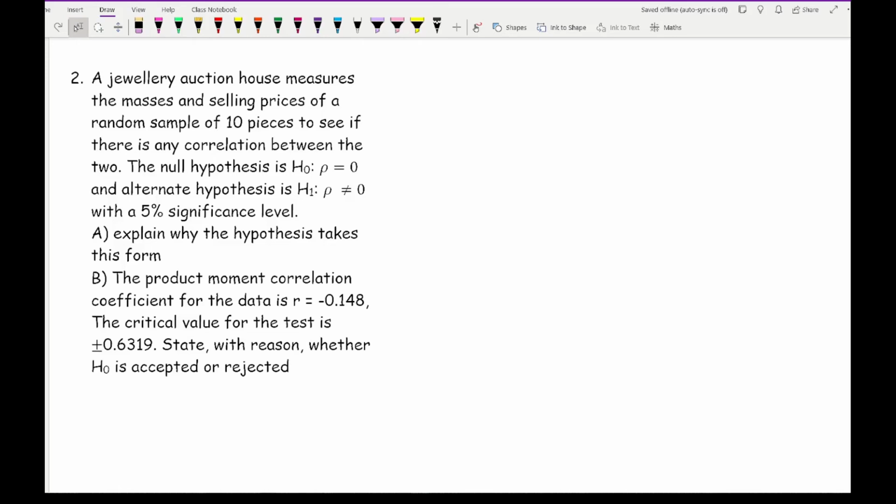So again, let's have a look at the first step. First of all, let's answer part A. Let me just split this page up in terms of what A is talking about. We need to explain why the hypothesis takes this form, where rho is equal to 0. The reason is that basically you want to test if a correlation exists.